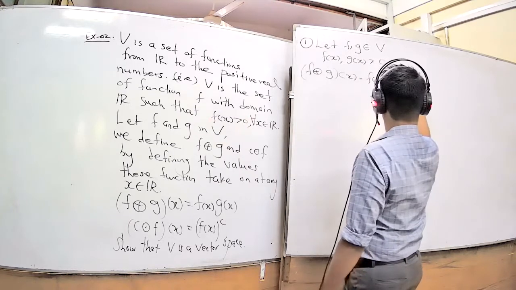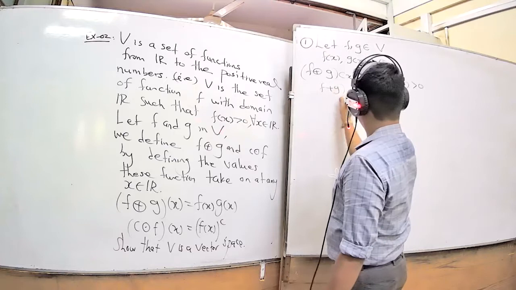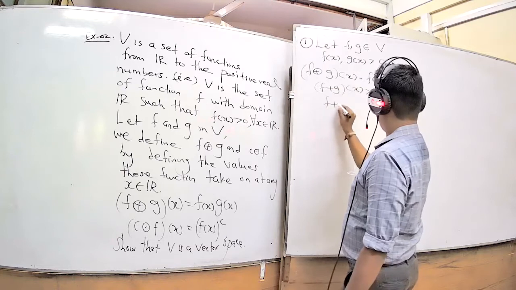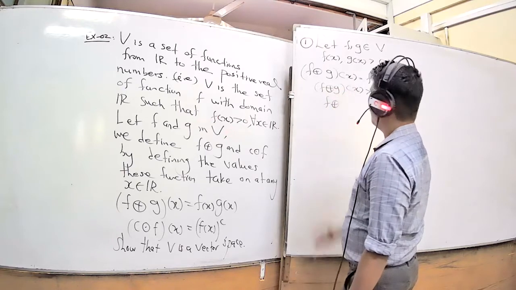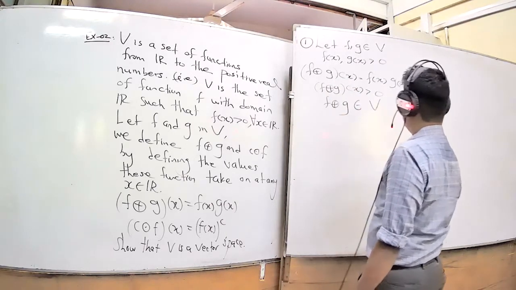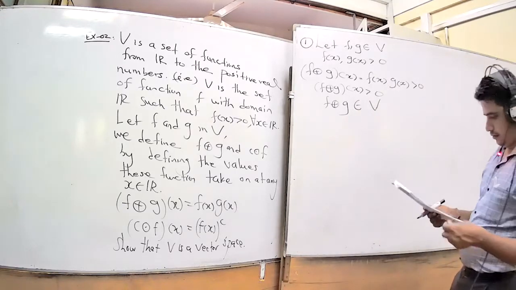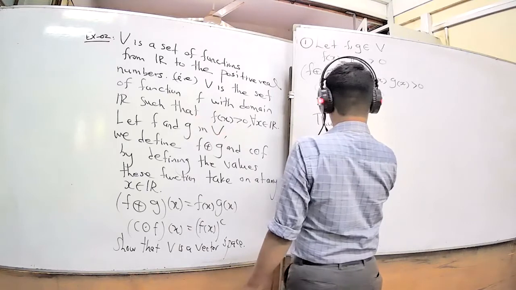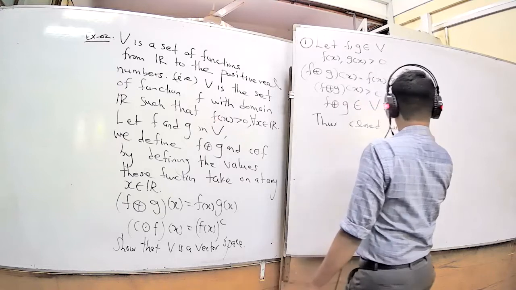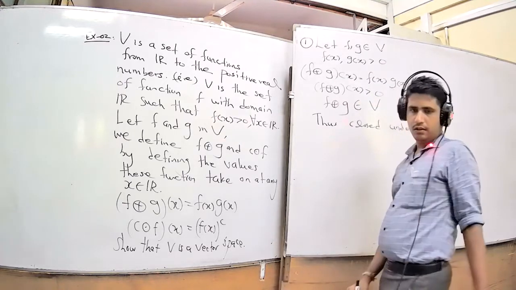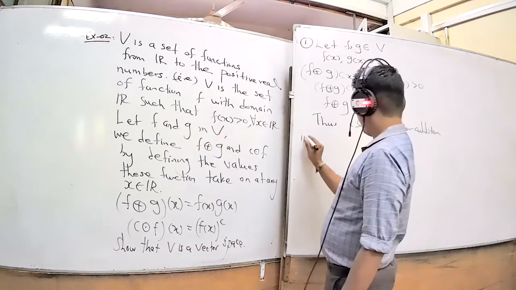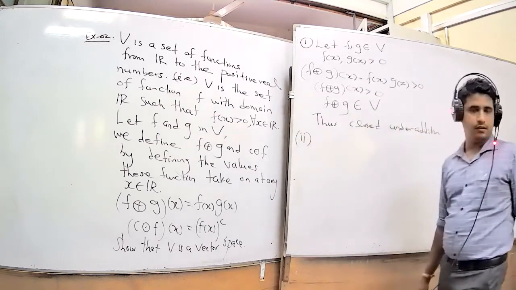Both are positive, so this one is also positive. So it is a vector addition of f and g, and this belongs to V. Thus closed under addition. Right?